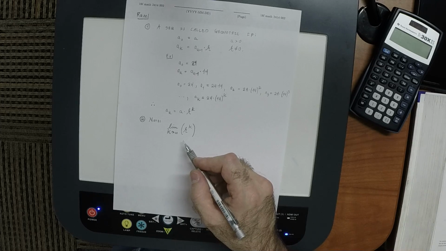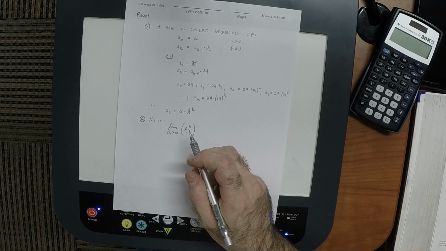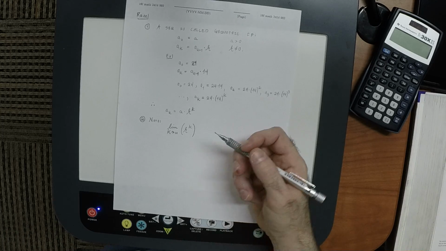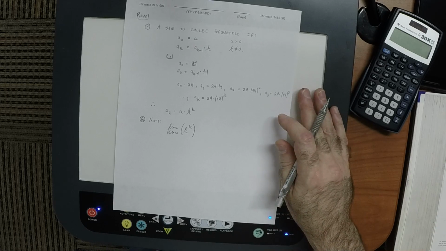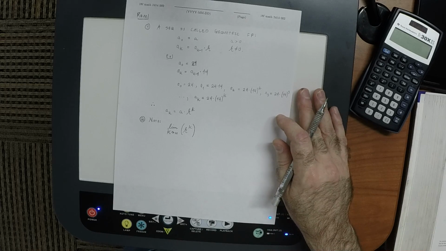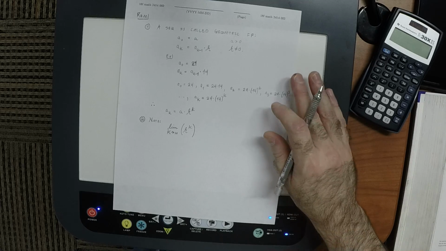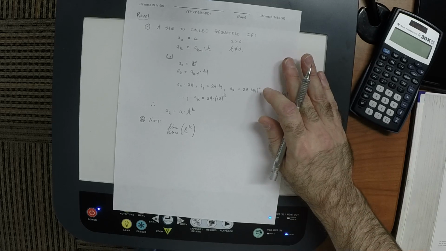And then -half to the 1 is -half. And then what's -half squared? 1/4. Well, it would be alternating, but it would be shrinking to 0 in size.